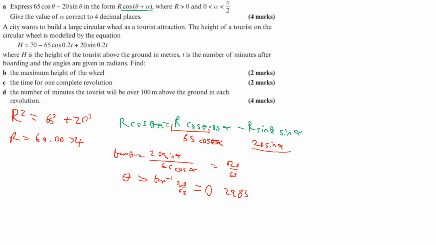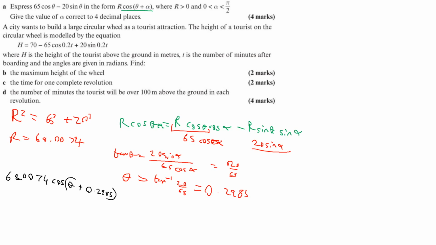Okay? So therefore, we can rewrite all of this as 68.0074 cos theta plus 0.2985.